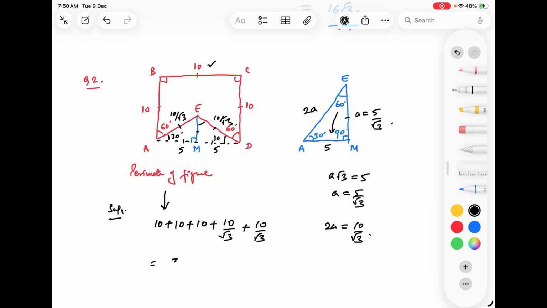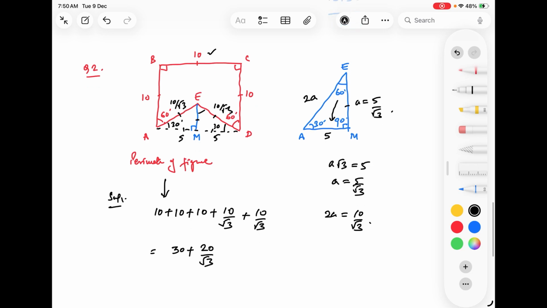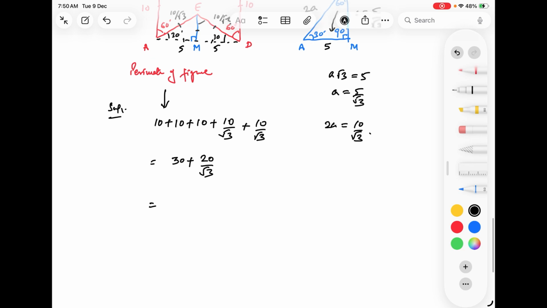So this becomes 30 plus 20 by root 3. Or you can also rationalize the second term. It becomes 20 root 3 by 3. This is the correct answer, right?